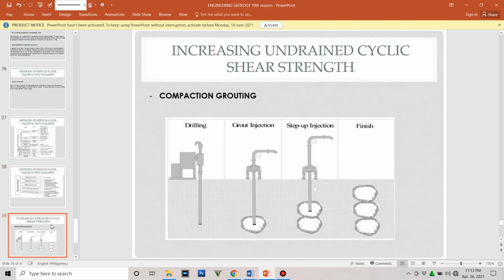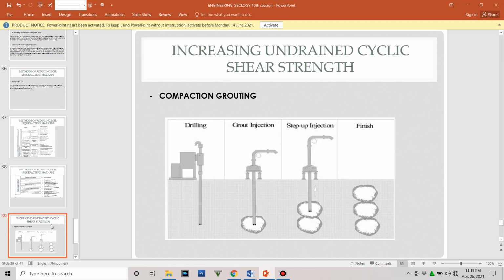Okay, so these are now some principles, a concrete principle to improve the ground.